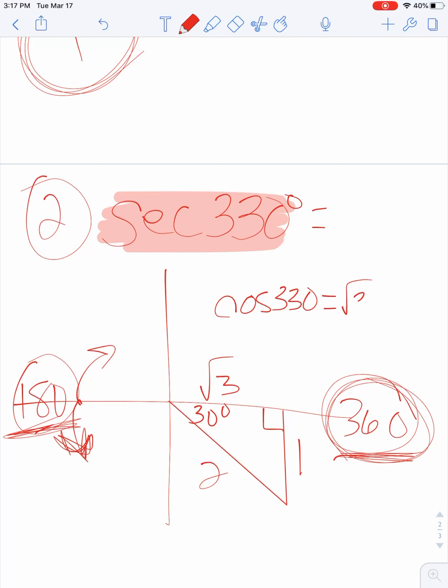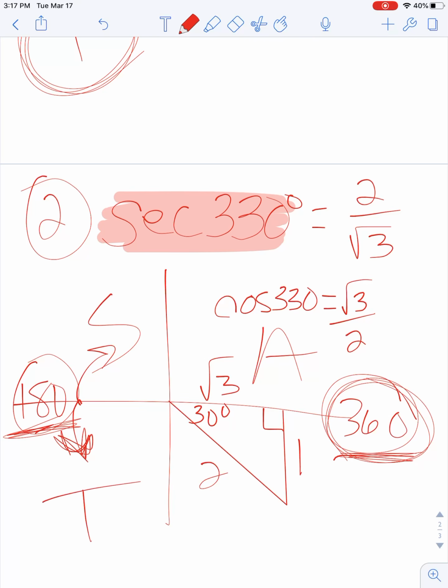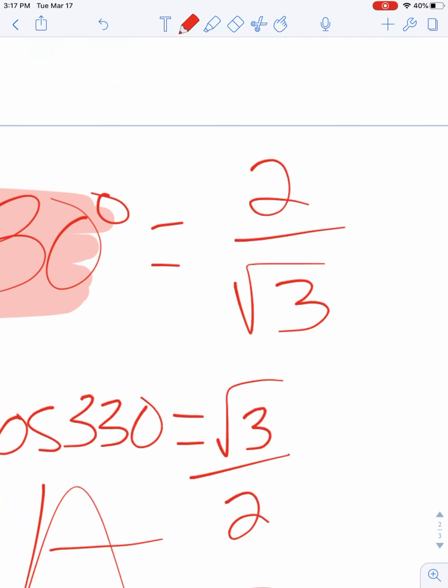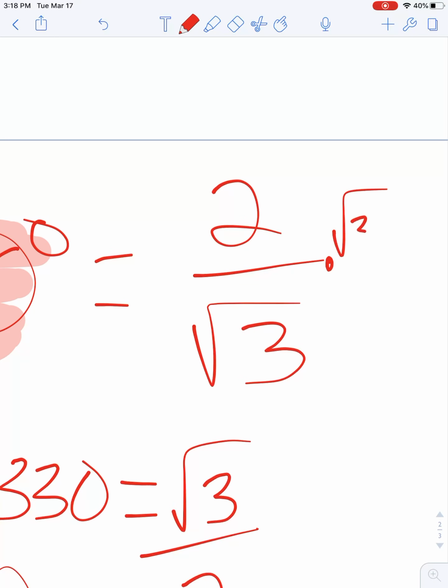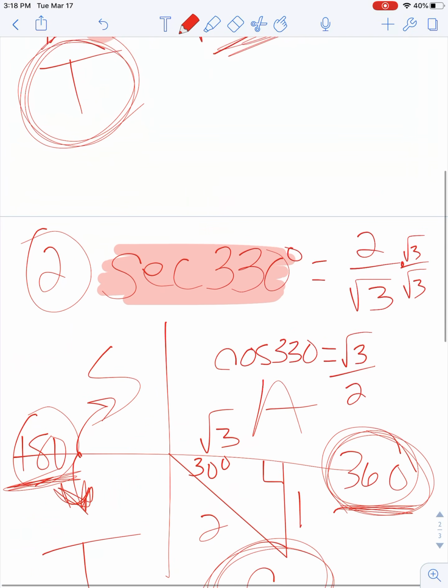Cosine is adjacent over hypotenuse. And then I'm going to take the reciprocal. So when I write it here, I'm going to write 2 over root 3. Then I'm thinking about all students take calculus. Cosine is positive here. Secant is the reciprocal. Our answer is going to be positive. And then we rationalize that. So I multiply by root 3 over root 3. Simplify that.